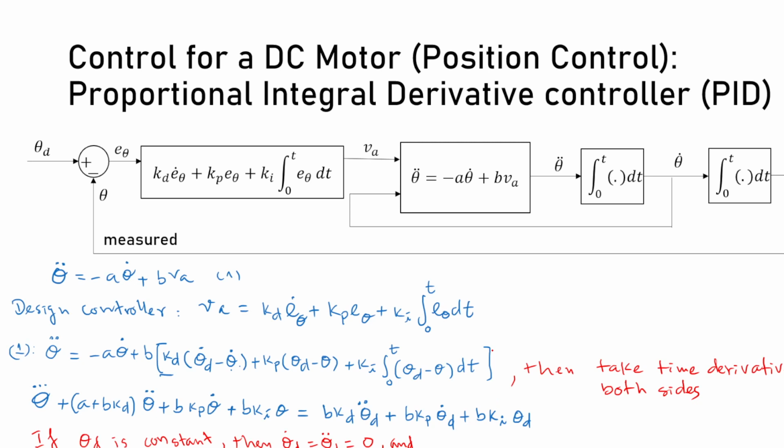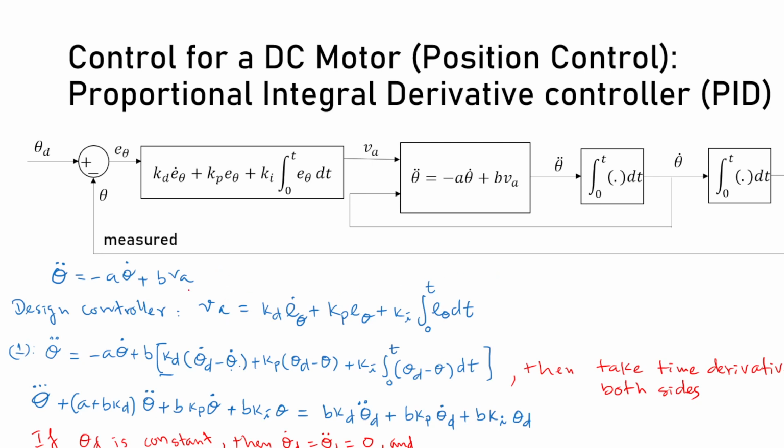Now again, we pose a question. What if the system has disturbance? Will the controller be robust to disturbance? What do you think?